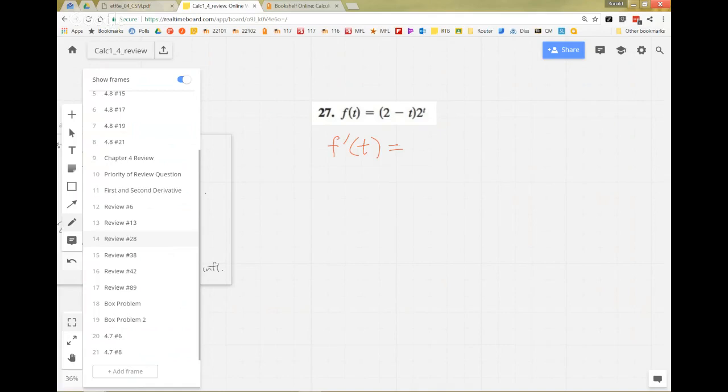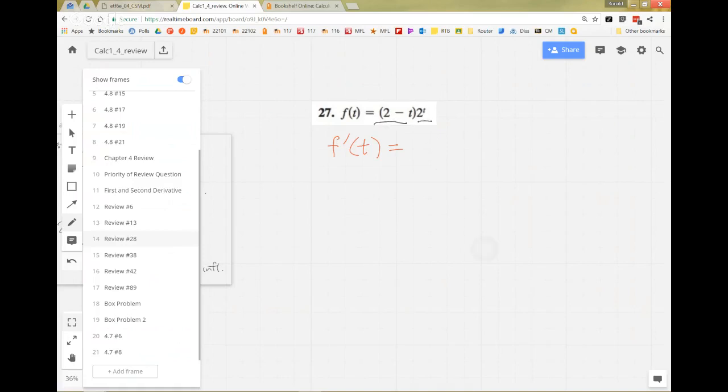Okay, so we take the derivative of 2 minus t, which is the derivative of 2 is 0, and the derivative of negative t is negative 1. So we have a product rule here. We have two things to take the derivative of. This times this.